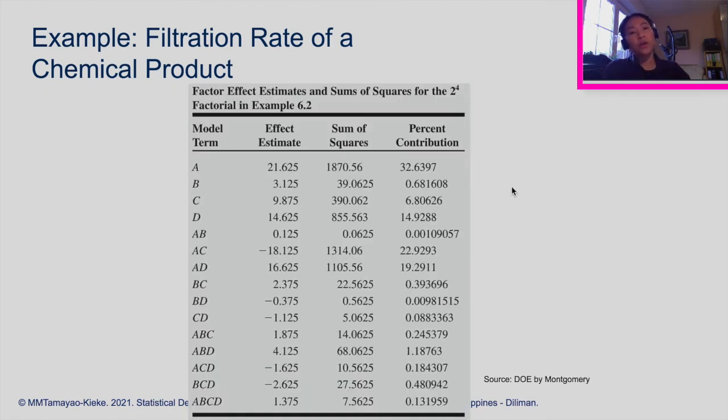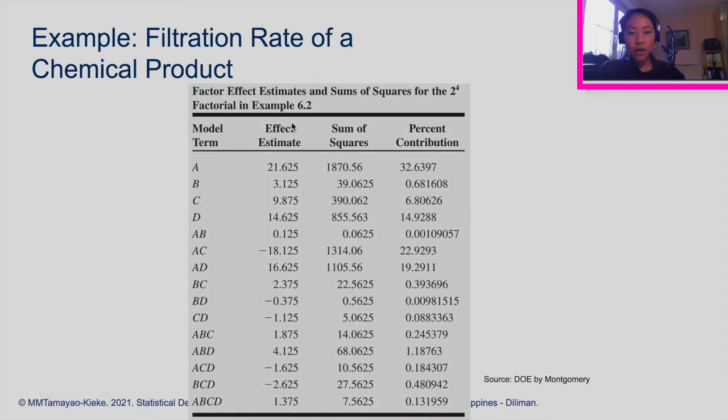After applying the formula manually or maybe through the use of a computer package, you can then compute the effect estimate, the sum of squares, and the percent contribution. So you have the model terms here. We start with a full model, which includes all the main effects and the interactions.